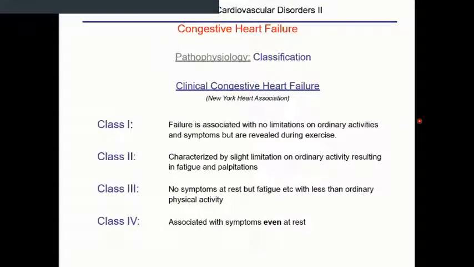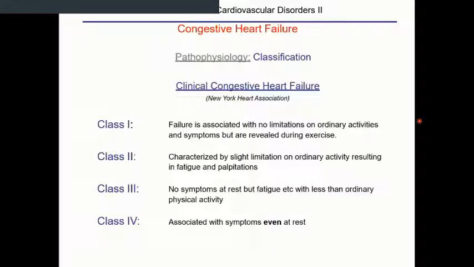So the American College of Cardiology and American Heart Association guidelines currently classify heart failure on the basis of the evolution of degree of the disease across a continuum. For instance, stage A patients are at high risk for developing heart failure without structural heart disease or symptomatic heart failure.